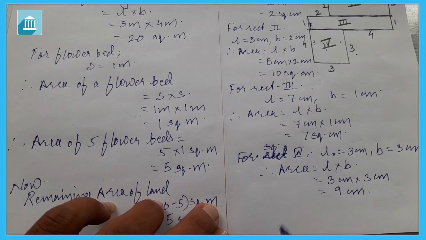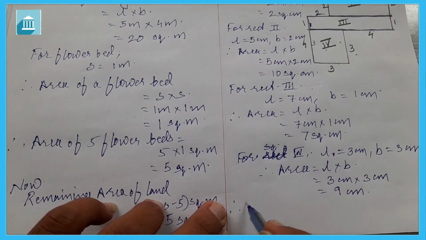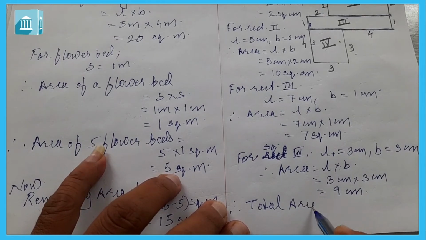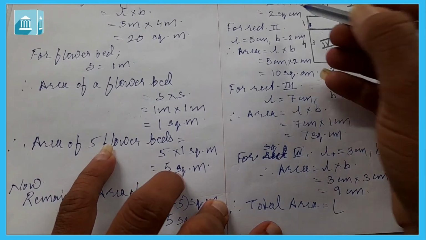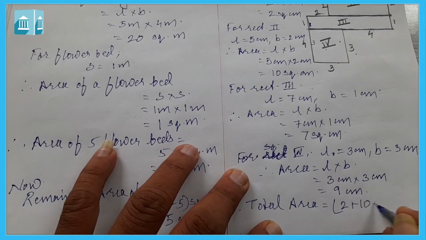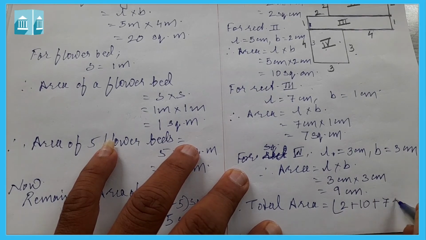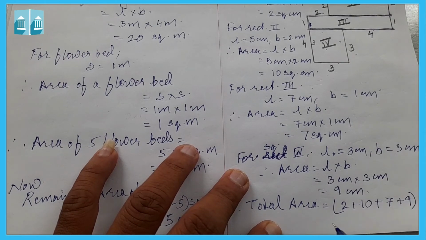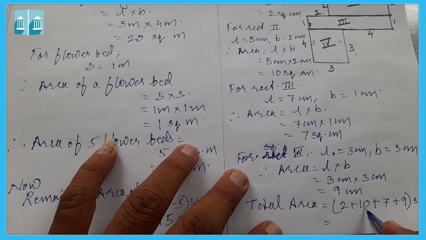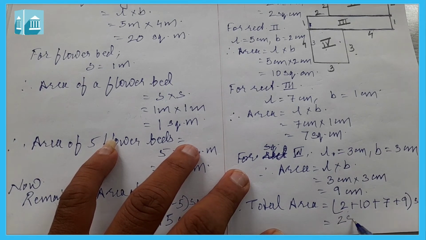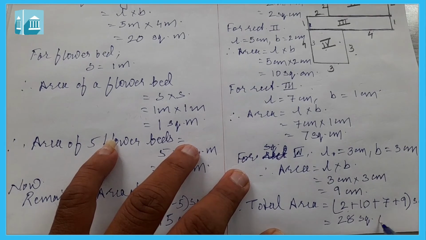So now, therefore, total area is equal to 2 plus 10 plus 7 plus 9 square centimeter. 2 plus 10 is equal to 12, plus 7 is equal to 19, plus 9 is equal to 28 square centimeter.